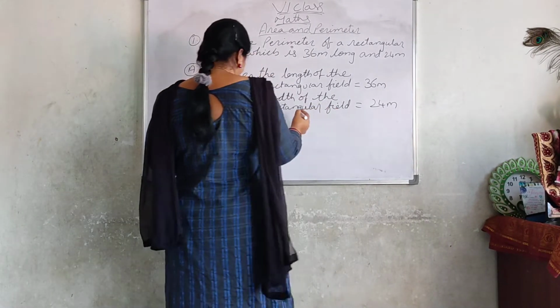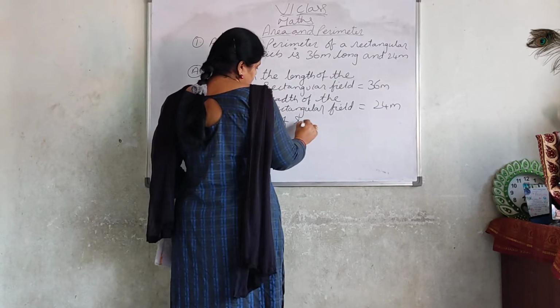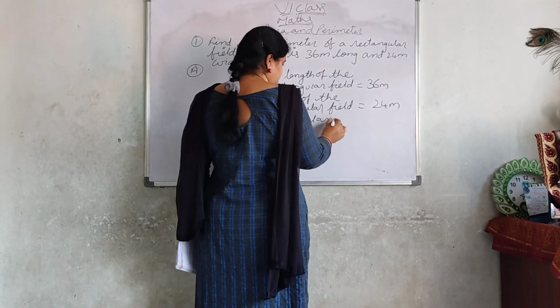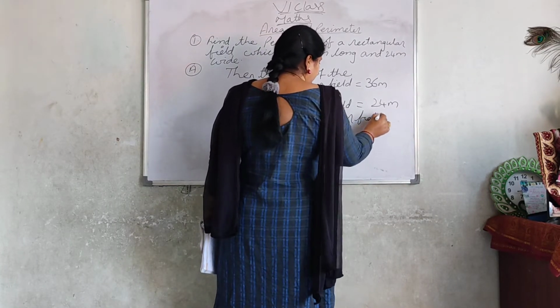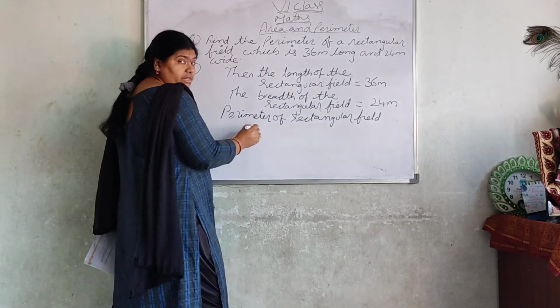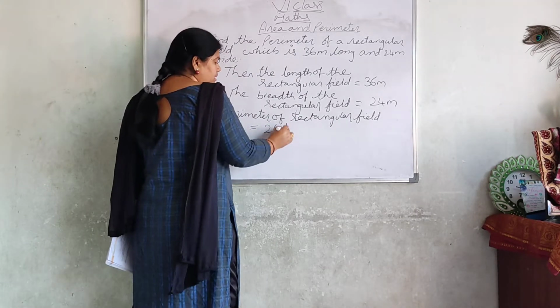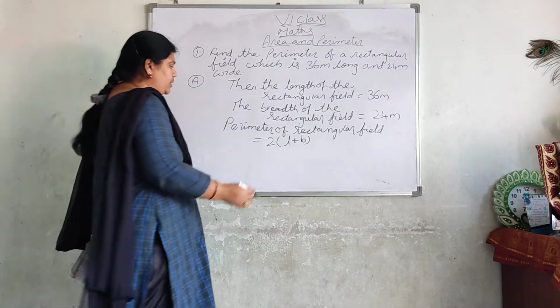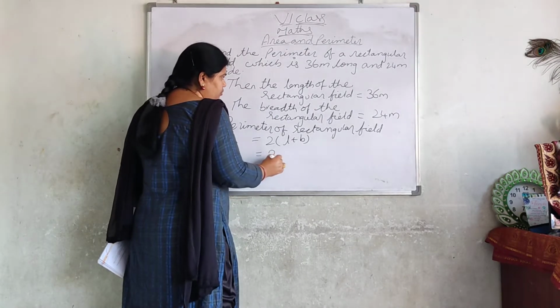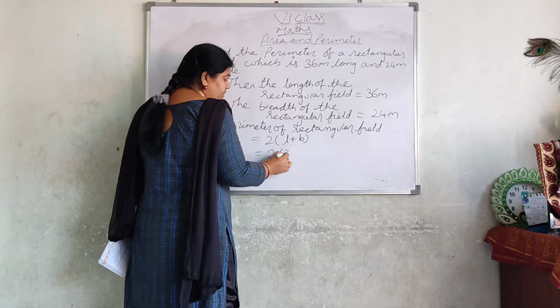Perimeter of rectangular field. What is the formula for perimeter? 2 into L plus B. What is the formula for perimeter of a rectangle? 2 into L plus B. That is equal to 2 into, what is length? 36.